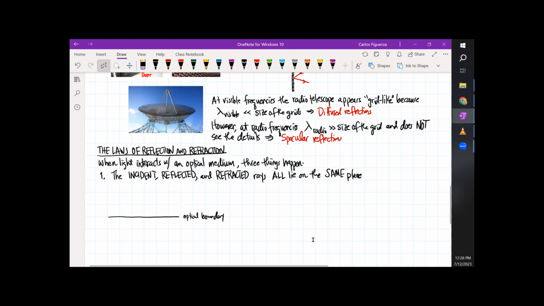The first thing I would say here is that I have transparent mediums that are identified via the index of refraction.